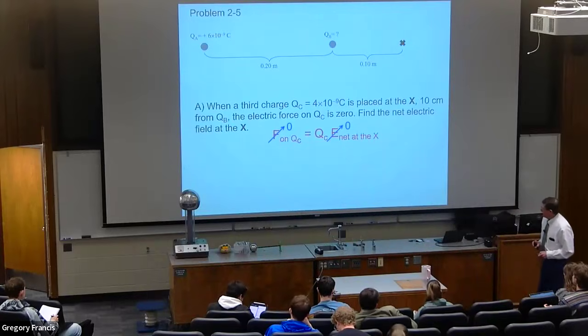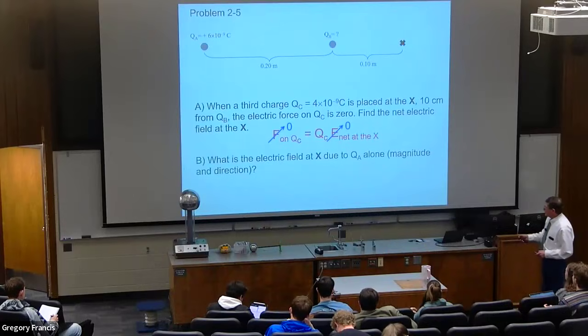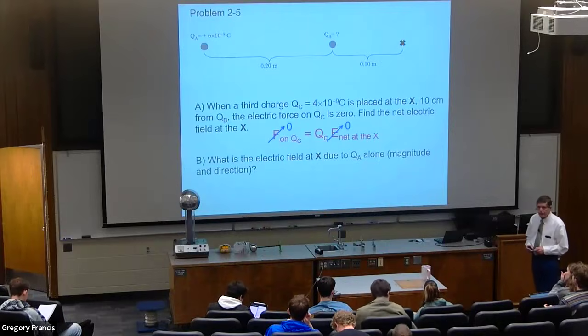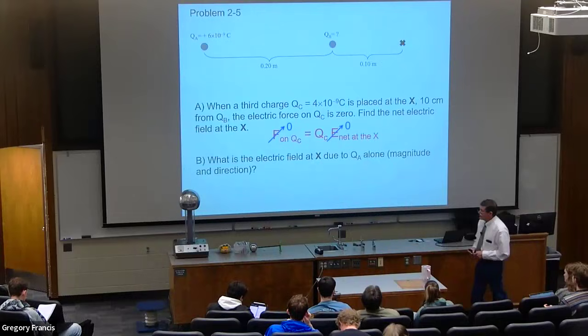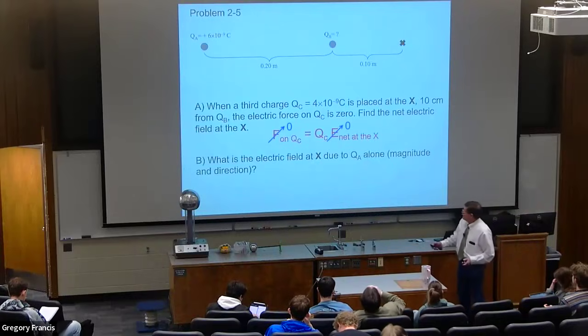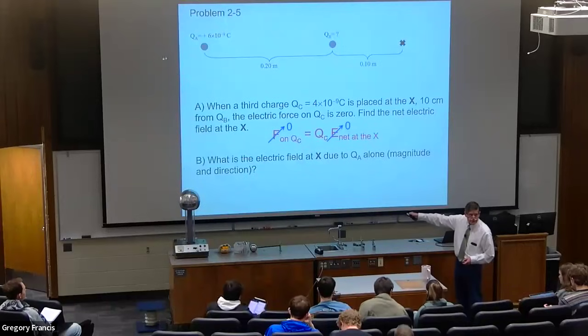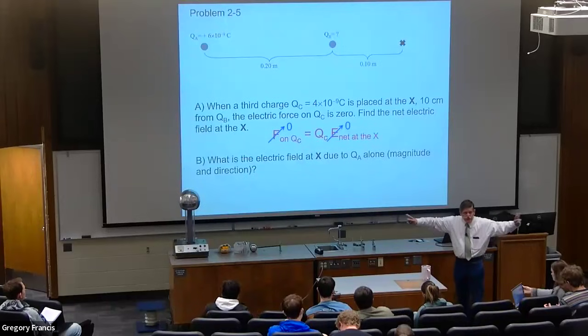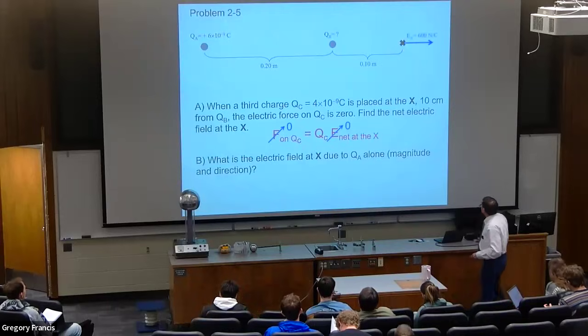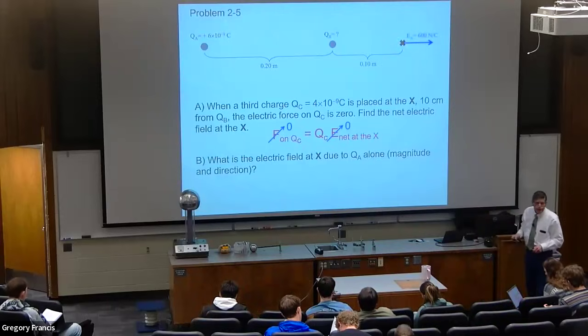The next thing we were asked to do is to find the electric field at the X due to QA alone. And we want the magnitude and the direction. Well, the direction is pretty easy. QA is a positive source, a positive Klingon. And the field due to that is going to be away. And so I'm going to get something to the right.